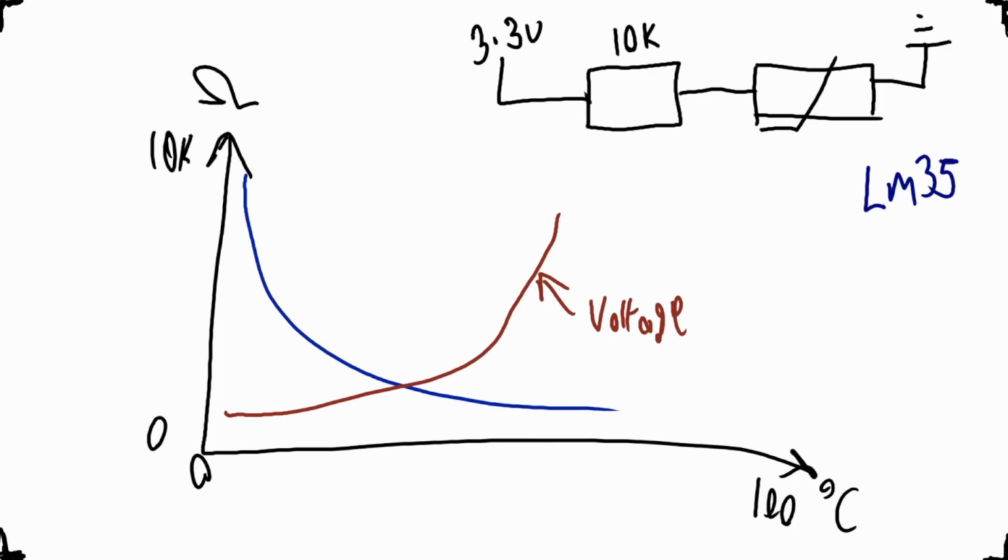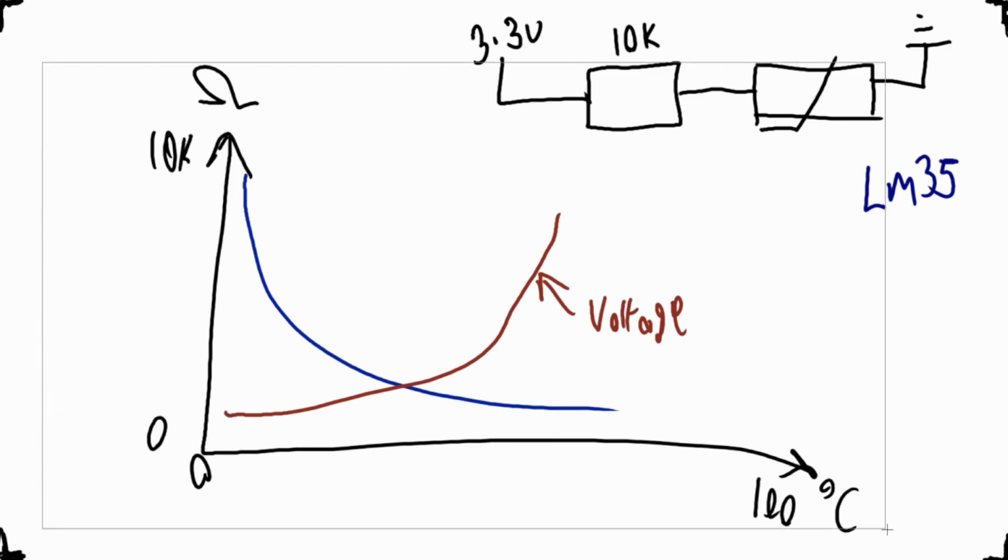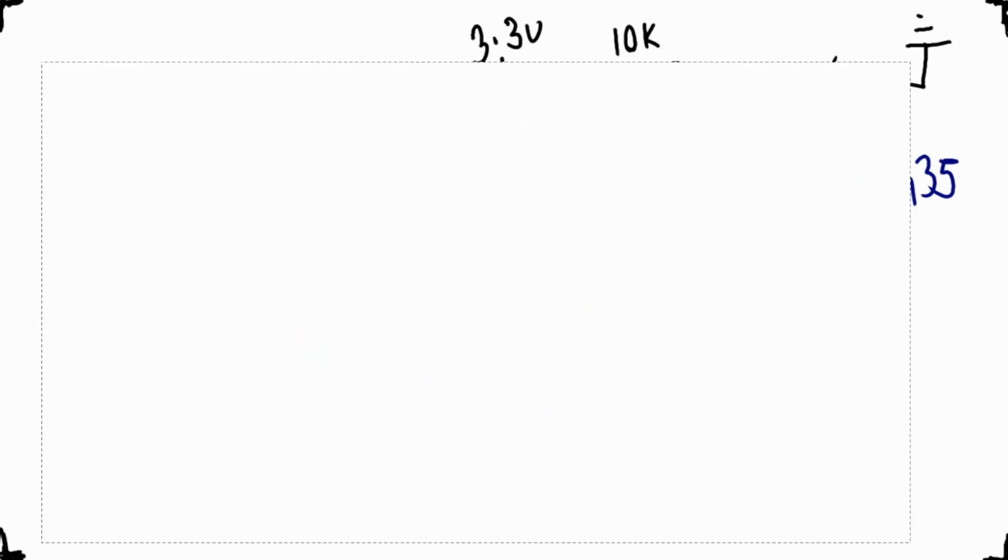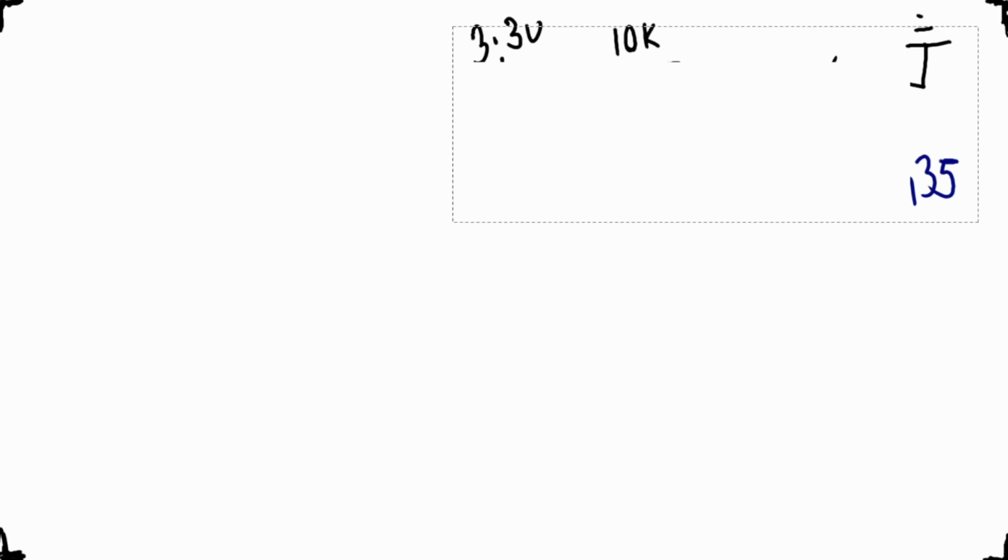So what that means in terms of calibrating this thermistor is that, let's say we don't necessarily know what the resistance of the thermistor would be at a given temperature.